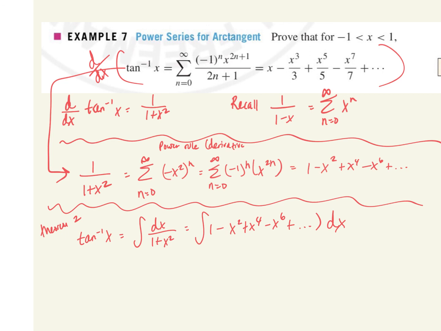Okay, I'll be done in 30 seconds. So this is then equal to a, plus the integral of dx, etc., which gives x minus x cubed over 3 plus x to the 5th over 5 minus x to the 7th over 7.